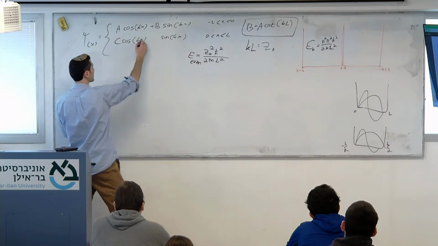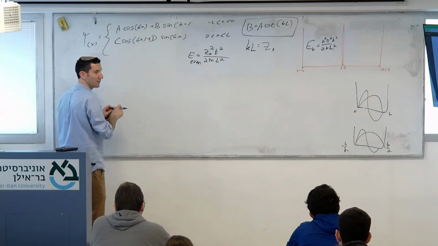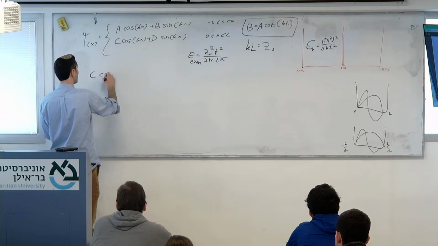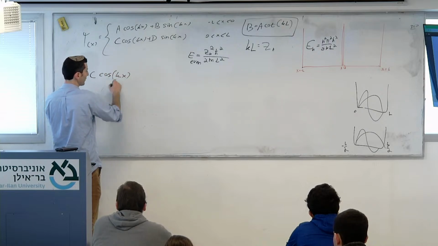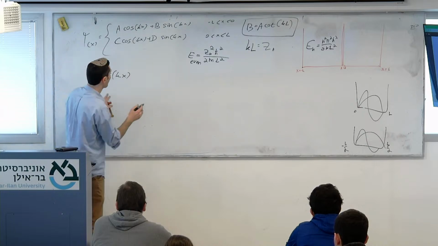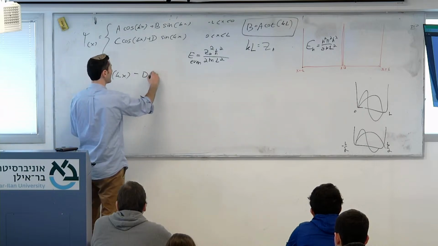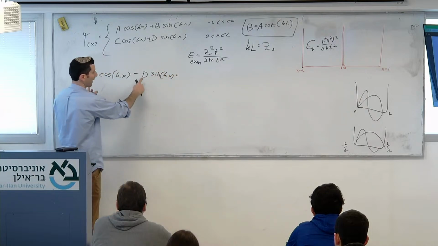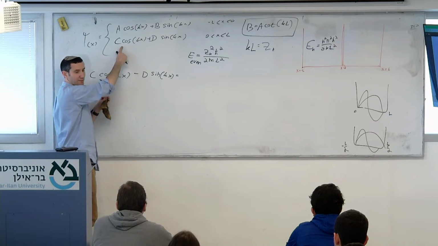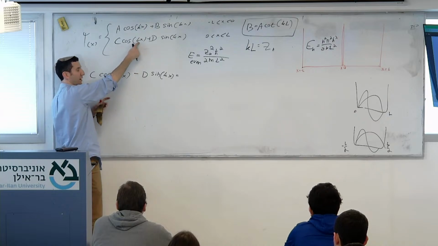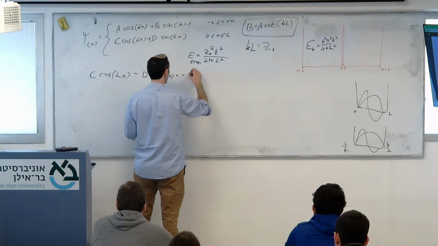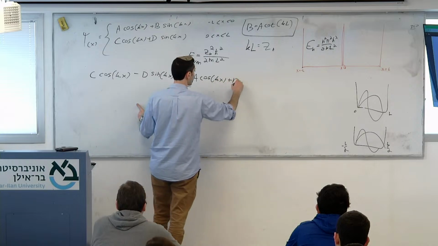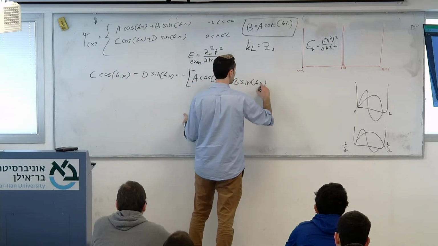When it's odd, I have C plus D. I want to show that if I take this and change to the minus, so C cosine of minus kx, which is what I wrote here, minus D sine kx, must equal, I took the minus of the argument, I expect to find it to be minus of A cosine kx plus B sine kx.